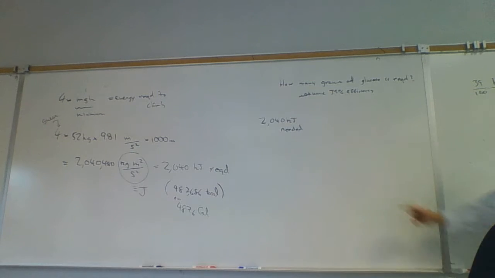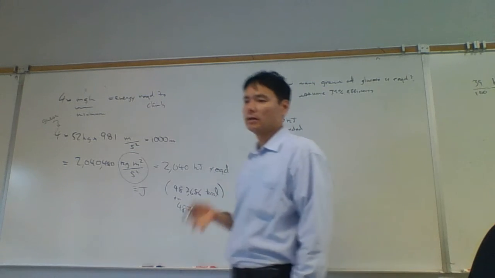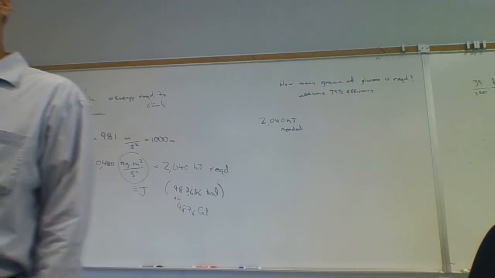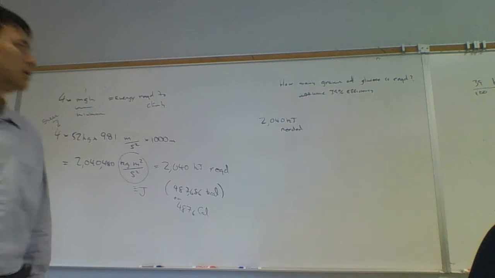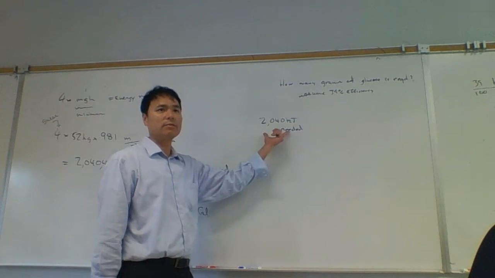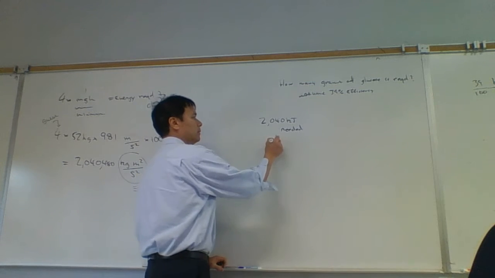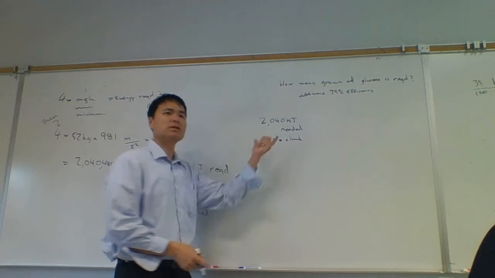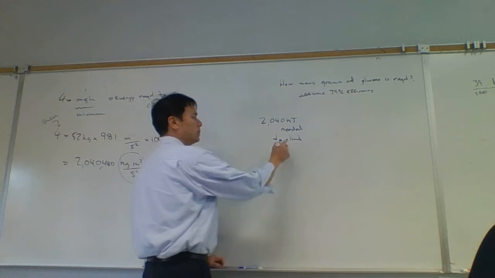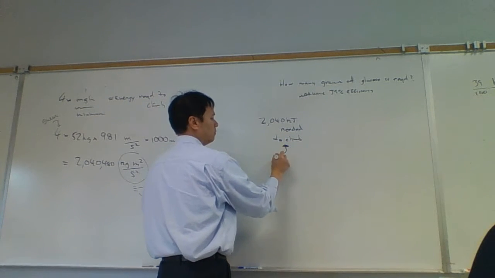Is this actual or is this theoretical? Is that going to be the total energy? No, this is the amount we actually need to climb the mountain. And so we have to have this much energy. And so this is what we're going to call the actual yield.